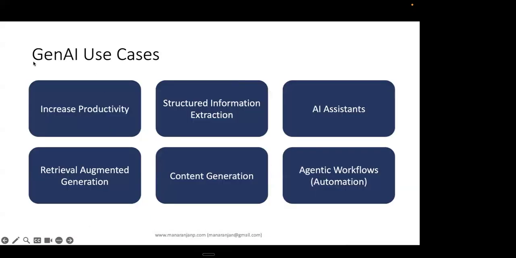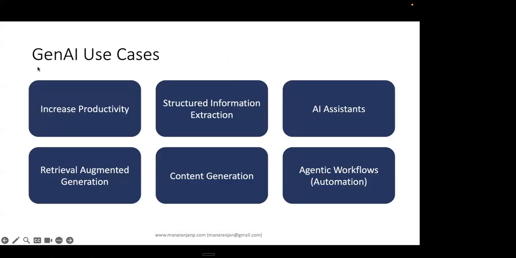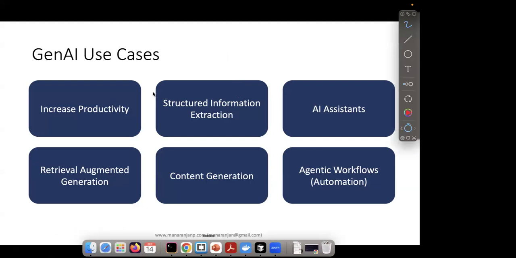So if you look at overall how people are leveraging generative AI, these 6 use cases emerge. We have done quite a few case study analyses and found that these are the top 6 use cases people actually use generative AI models for. One is increased productivity.